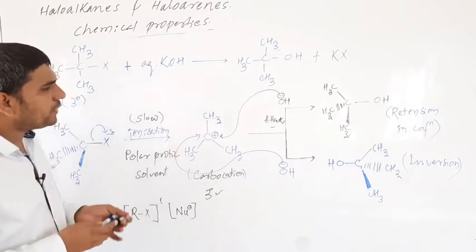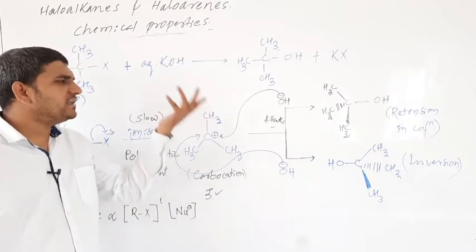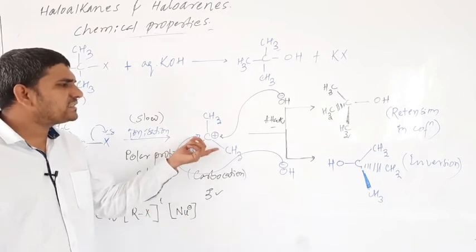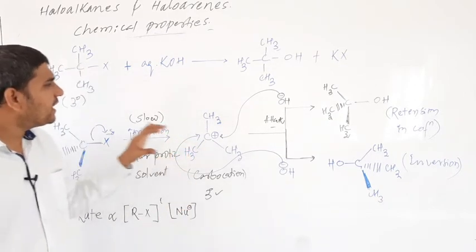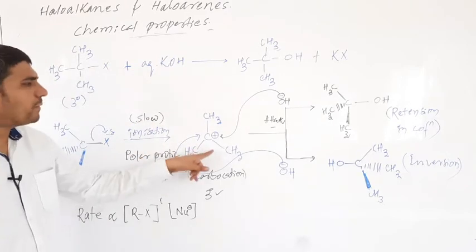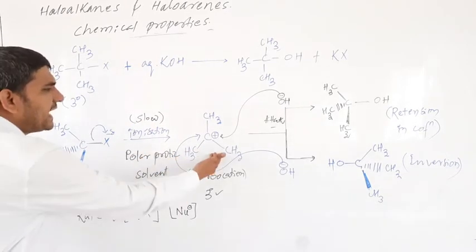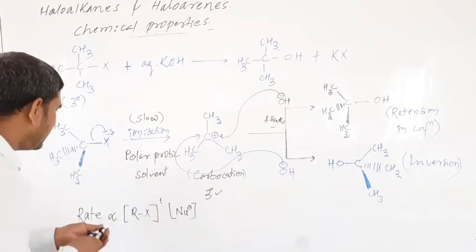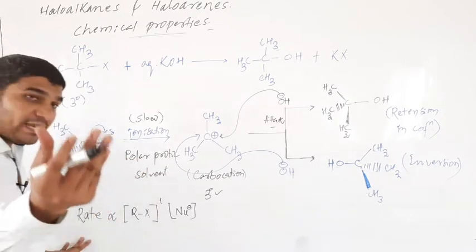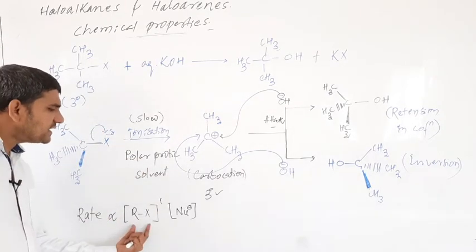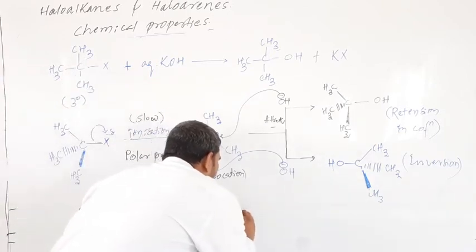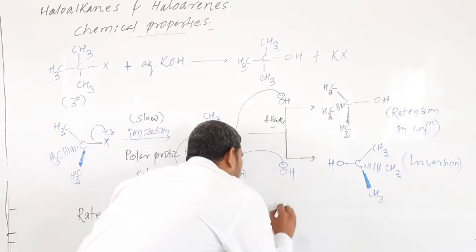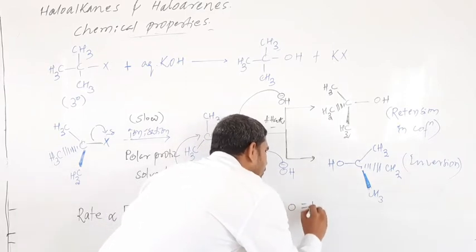If the carbocation is formed easily, rate is very fast. If the carbocation doesn't form, this reaction will not take place. If the carbocation is highly stable, it forms very easily. So over here, rate is directly proportional to the concentration of alkyl halide raised to power 1 and nucleophile raised to power 0. Order equals 1 plus 0 equals 1.